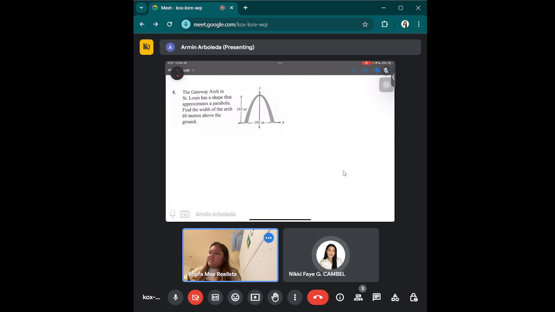So I think we can do the last one for the last 3 minutes. The Gateway Arch in St. Louis has a shape that approximates a parabola. Find the width of the arch that is 60 meters above the ground.